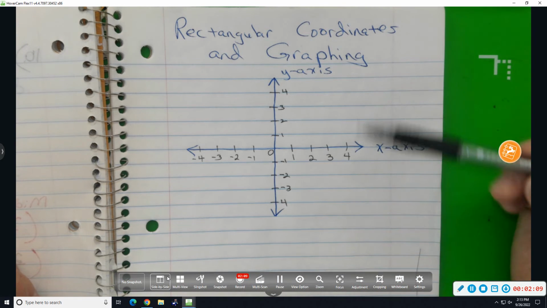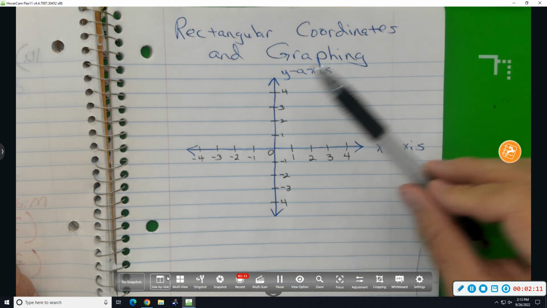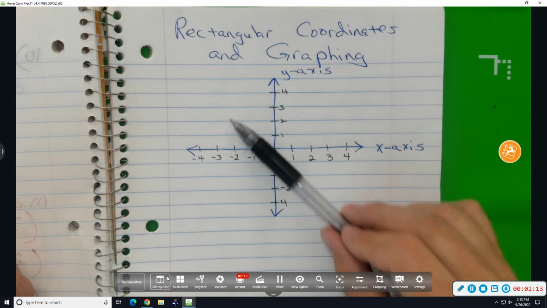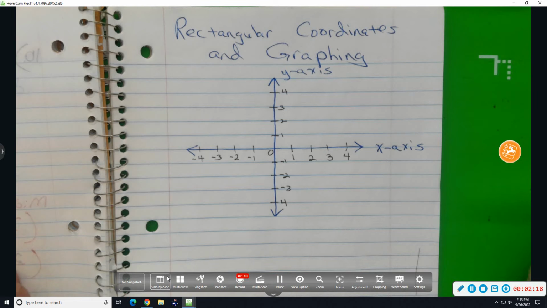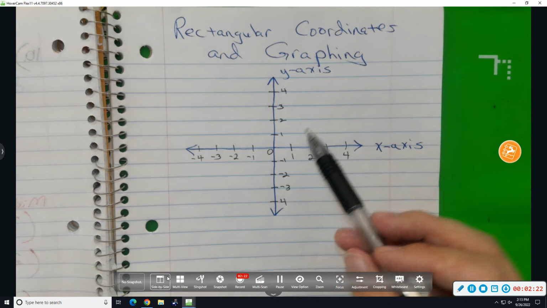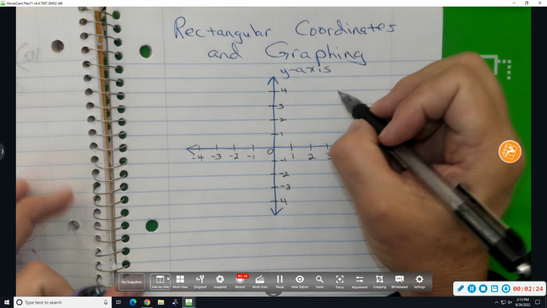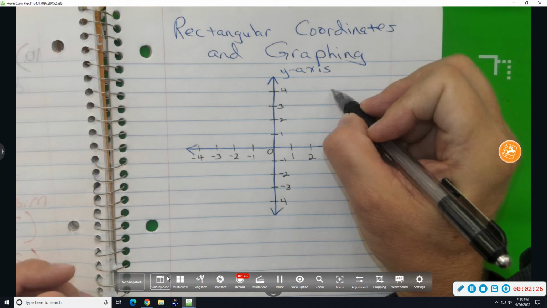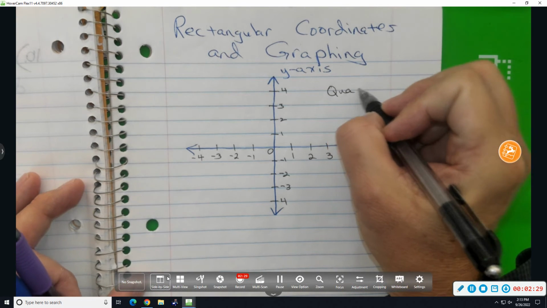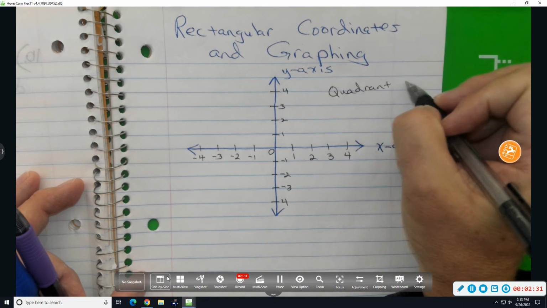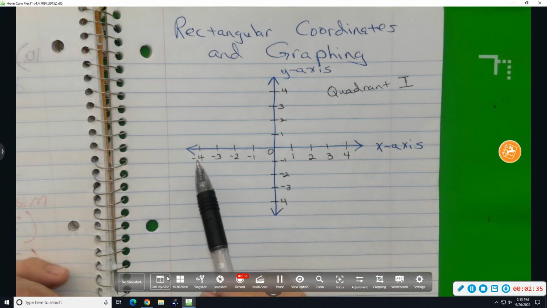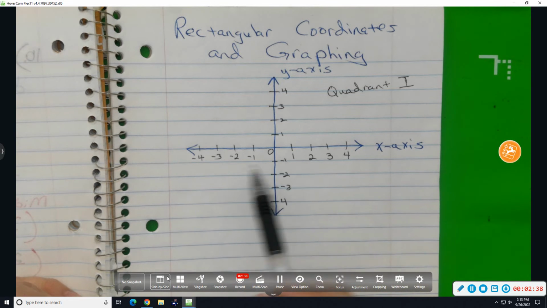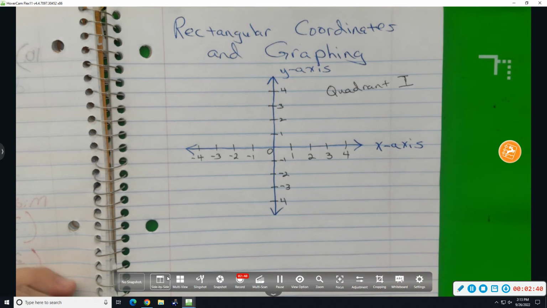Notice these two number lines divide the flat surface into 4 distinct regions. These regions are called quadrants. We start numbering the quadrants in the upper right hand corner. This corner right here is the first quadrant. I'll label it quadrant 1, and we use Roman numerals to number these so as not to be confused with the numbers that are actually on the number line.